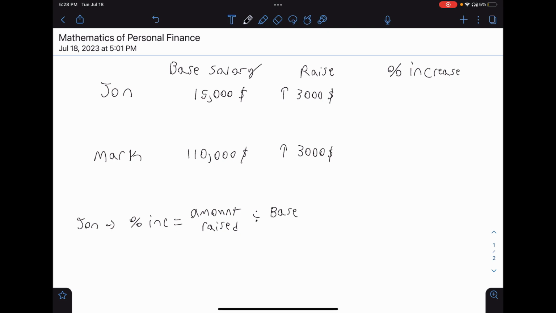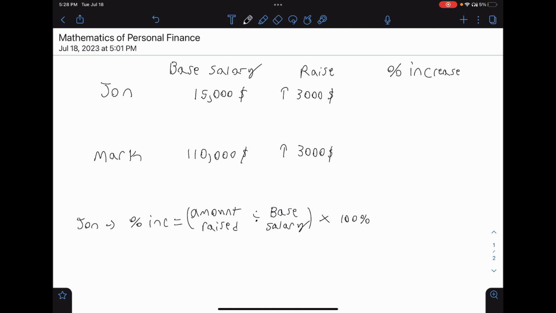So we have a piece of the pie divided by the whole pie here. Base salary. And of course, you're going to get a very small number, a little decimal. And to turn that into a percentage, you just multiply it by 100%. And that's just multiplying it by 100 on your calculator, right? So if you got something like 0.2 and you multiplied it by 100%, that would mean 20%, right?